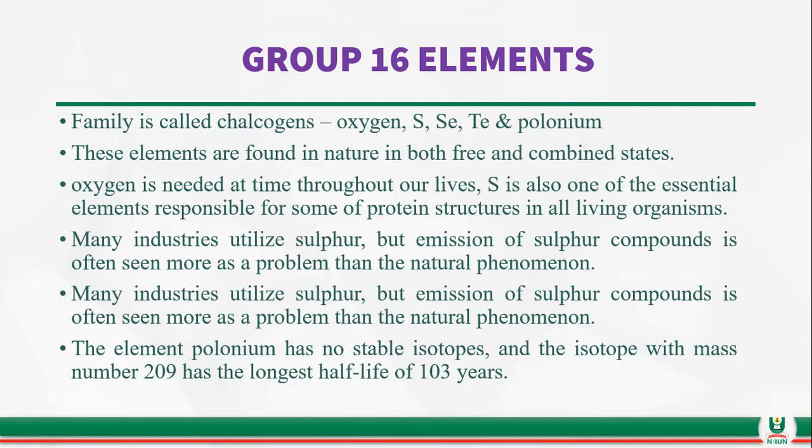These elements are found in nature in both free and combined states. Oxygen is needed at all times throughout our lives. Sulfur is also one of the essential elements responsible for some of the protein structure in all living organisms.